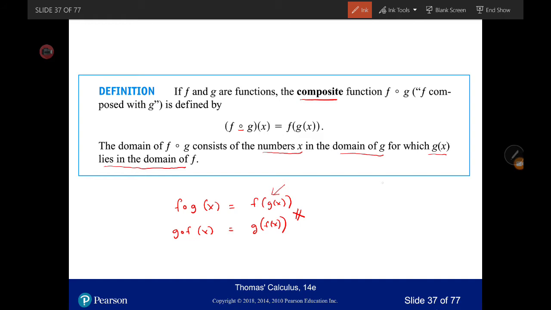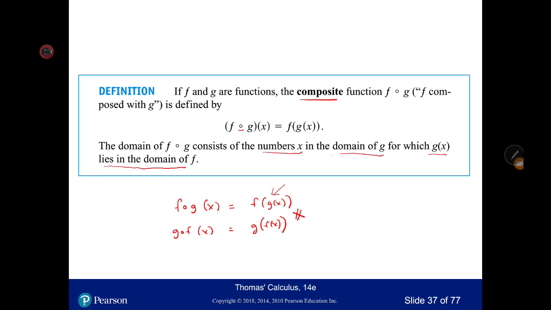Okay, so let's say we have, so it says here the numbers x in the domain of g, right? So we have x in the domain of g.